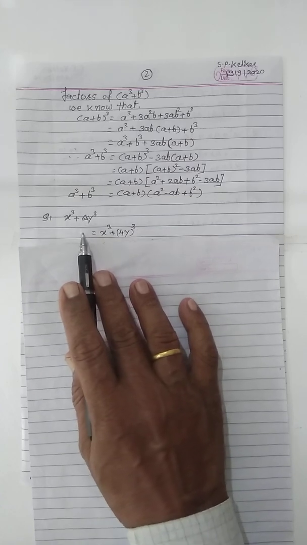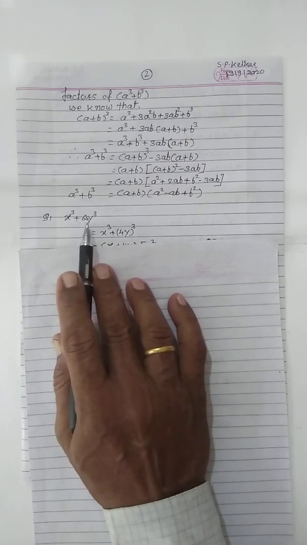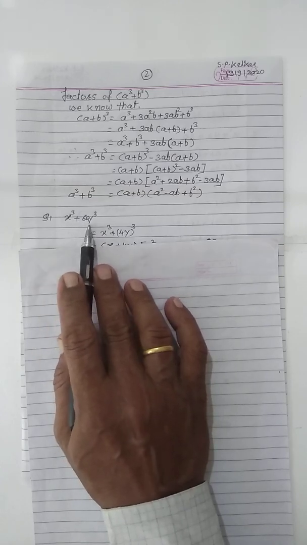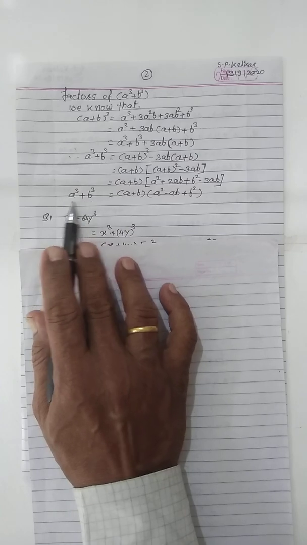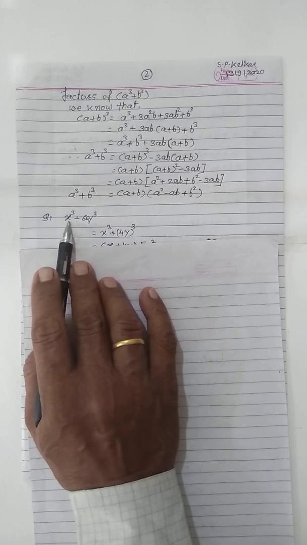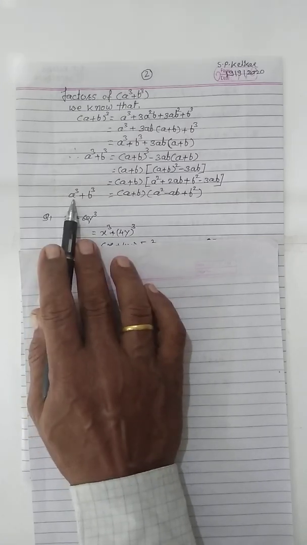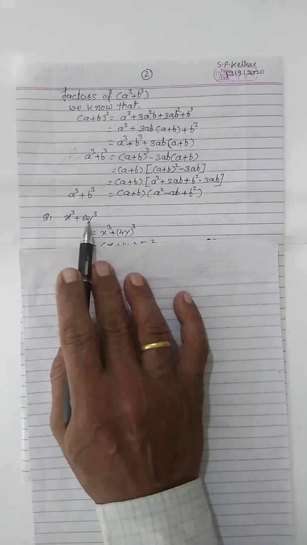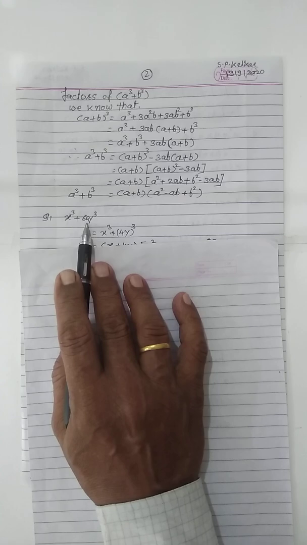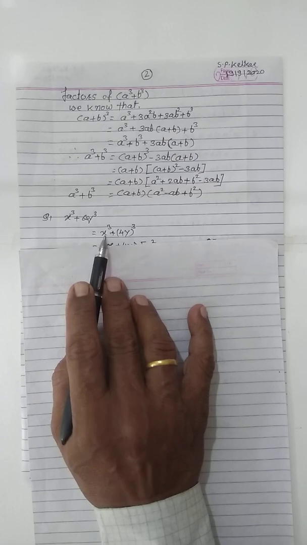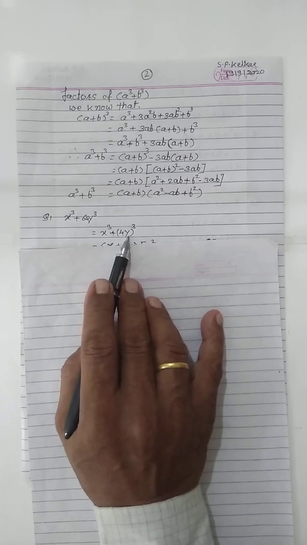Now take an example, x cube plus 64y cube. Write x cube plus 64y cube in the form a cube plus b cube. Here x cube means a cube, where in place of a we have x. 64 is the cube of 4, so we write (4y) whole cube, meaning 4y is b.